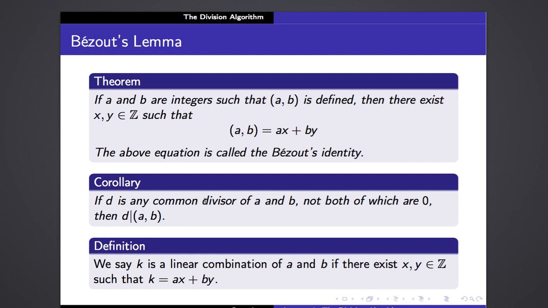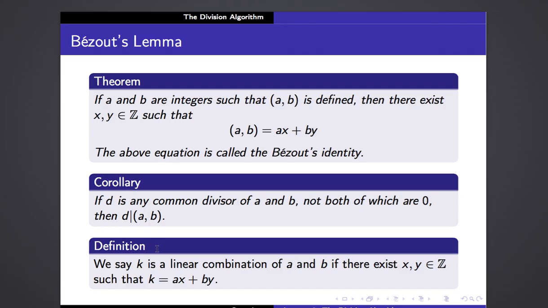I also proved this corollary assuming Bézout's lemma. In case you don't remember, I want you to go back to my first lecture.